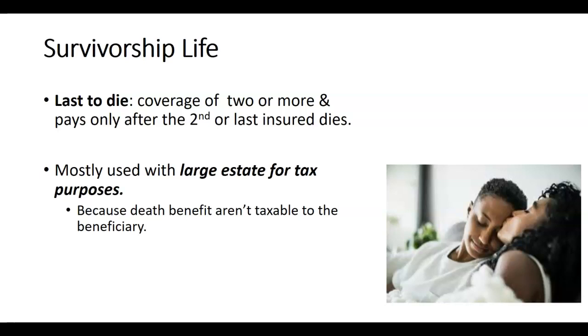So it's extended out longer. Like I said, the major difference is the death benefit gets paid out once the last person passes away. So this is the type of policy that is often used to offset a liability of an estate tax upon the death of the last insured.